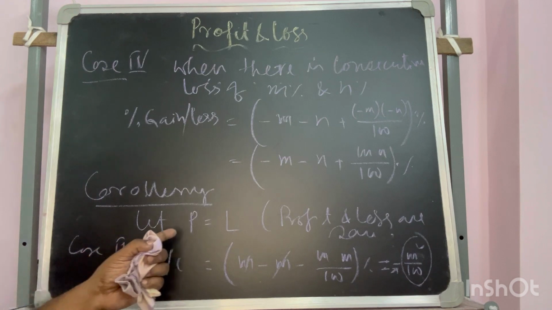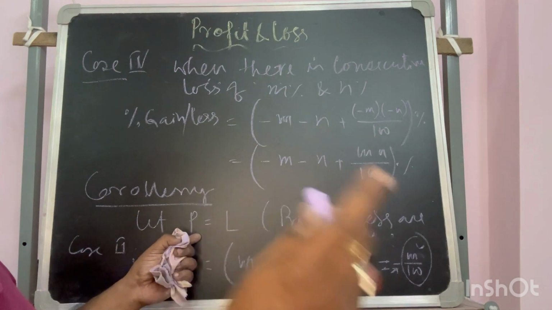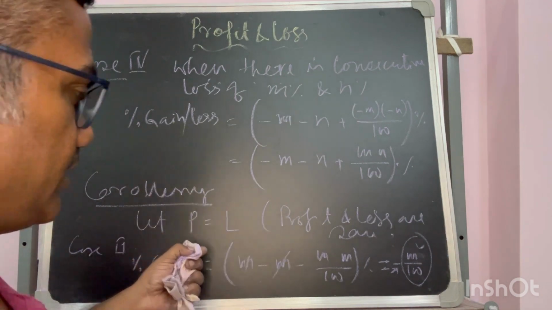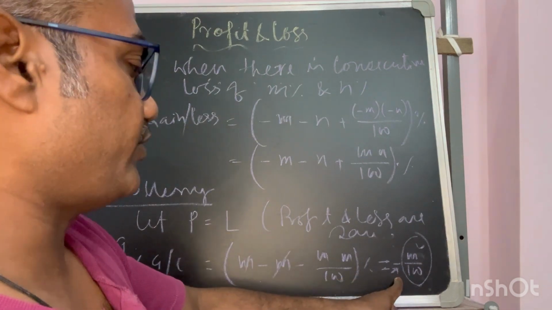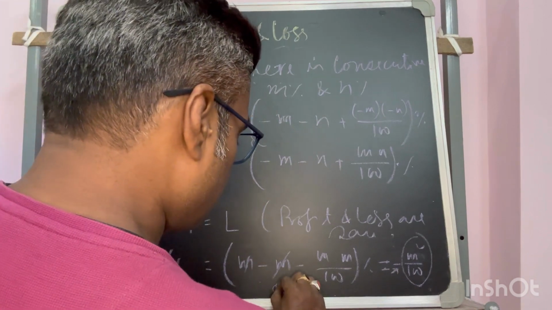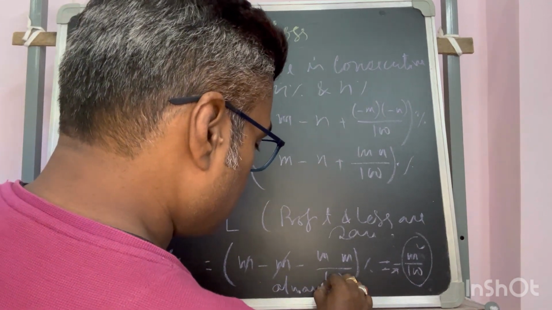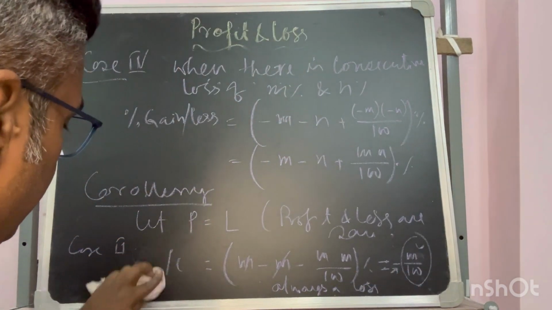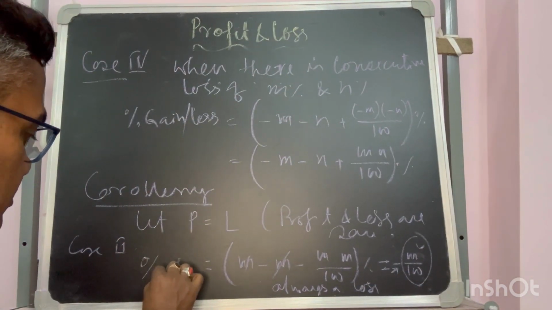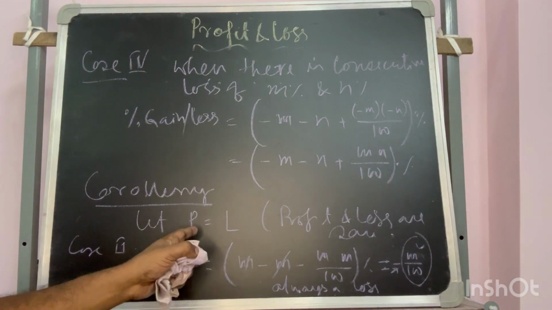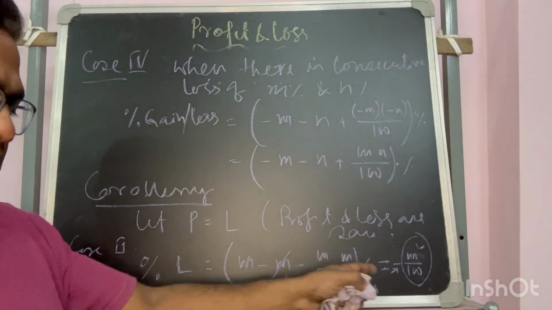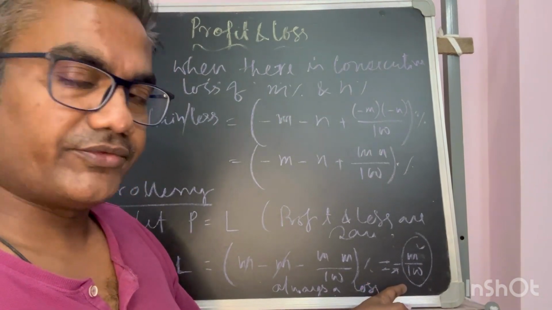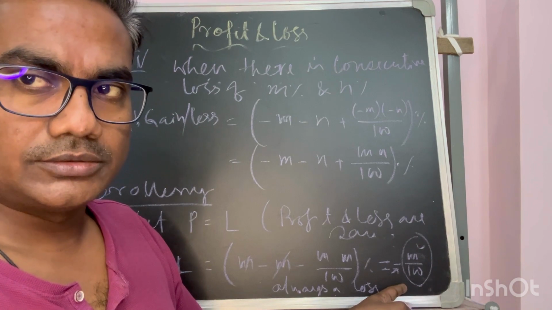That means in case there is a consecutive profit and loss, whether the profit is first and loss second, or loss first and profit second, you will not get any profit, you will always get a loss. So this can definitely be said as percentage loss in case profit and loss percentage are the same for consecutive transactions. You will not get any profit out of it, you will always lose.